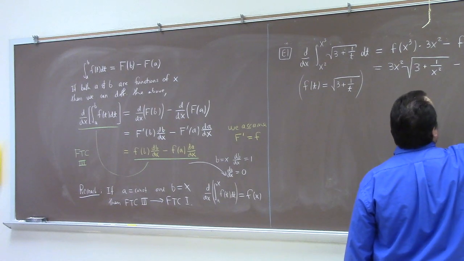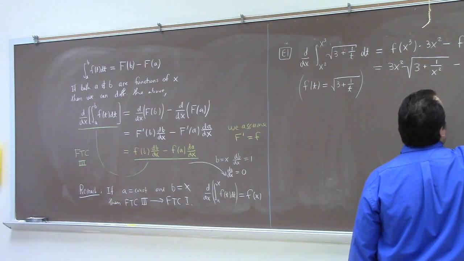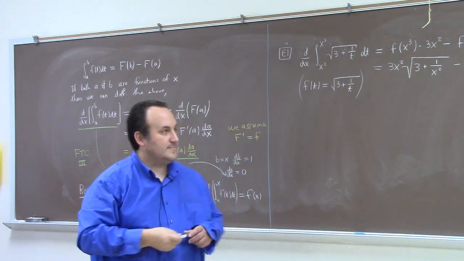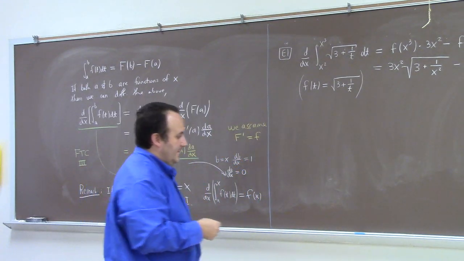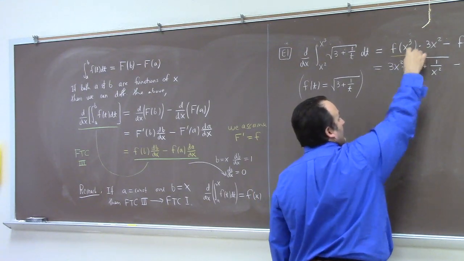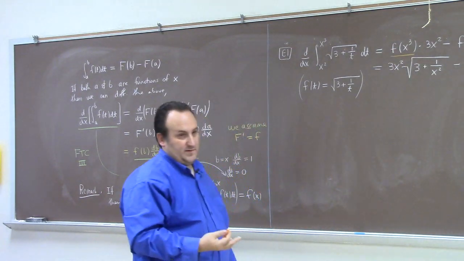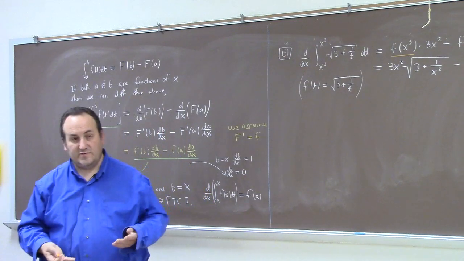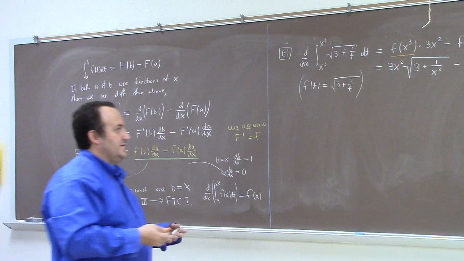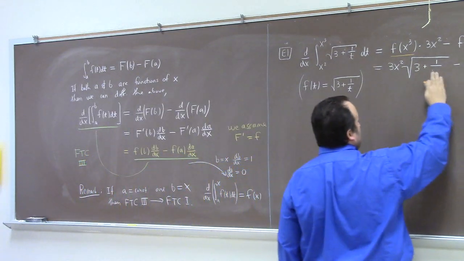I'm an idiot. So you guys tell me which one of these is wrong. See up here? F of x cubed. I'm supposed to plug in x cubed in the place of t. But I put a square there, right? So that's supposed to be x cubed.